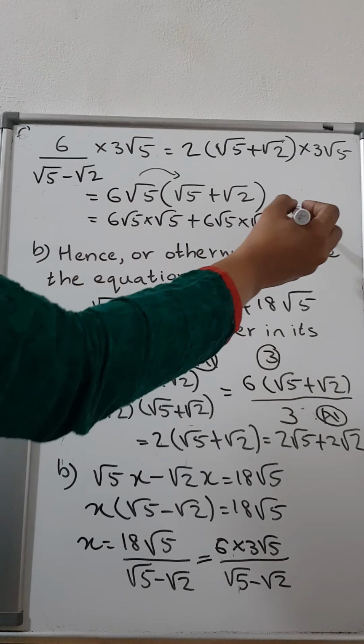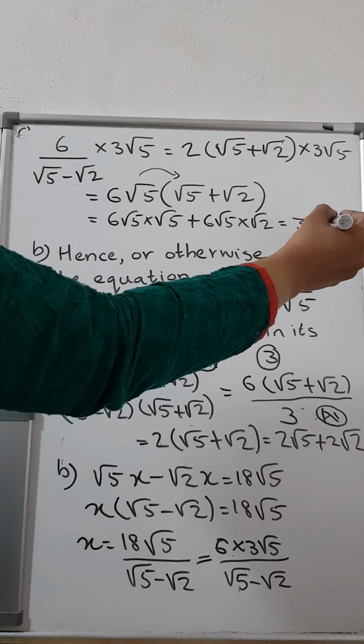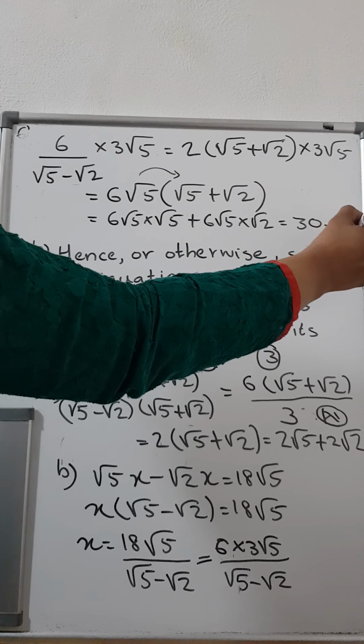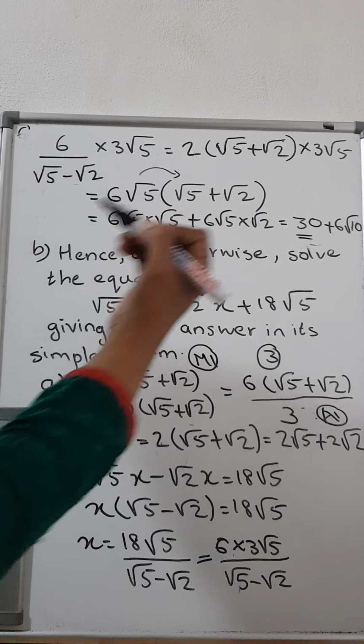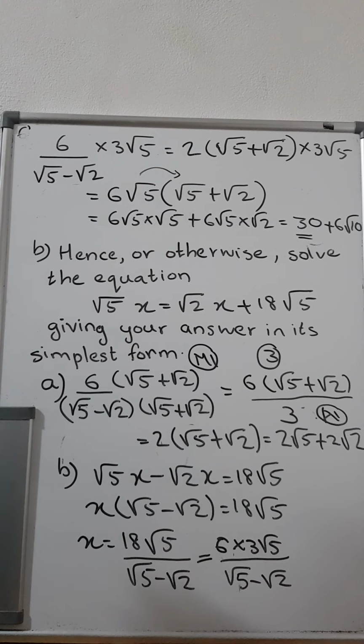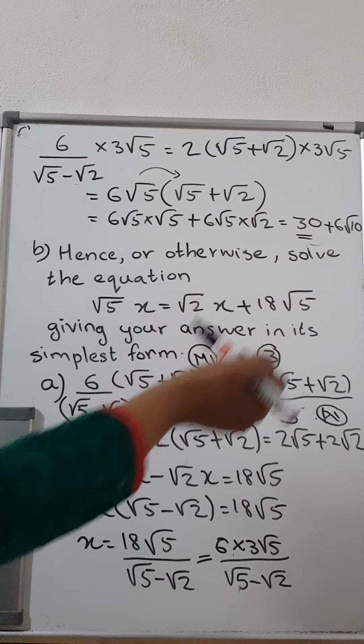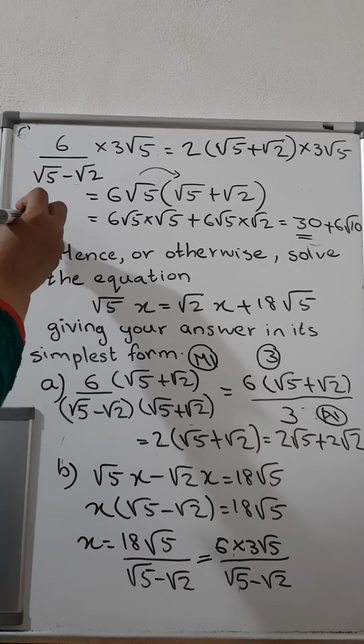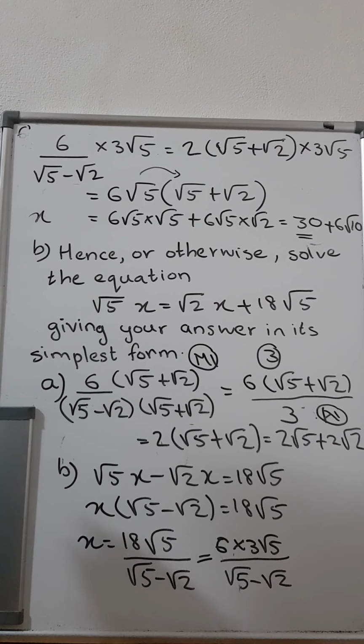This is 6 times 5, that is 30, plus this is 6 times root 10, 6 root 10. So we got our final answer as 30 plus 6 root 10. So x is equal to 30 plus 6 root 10.